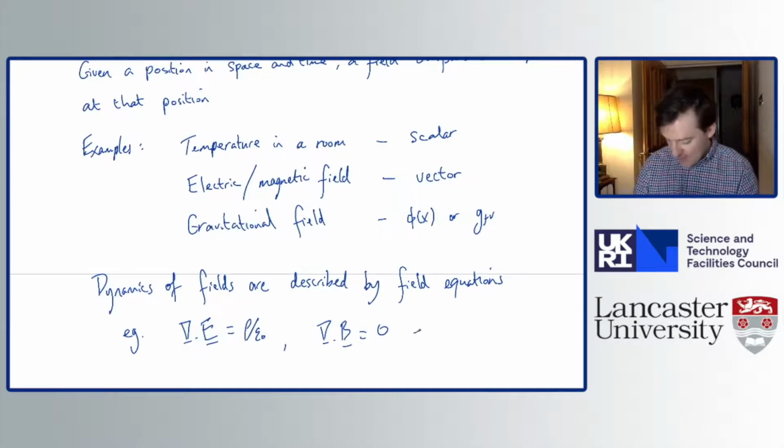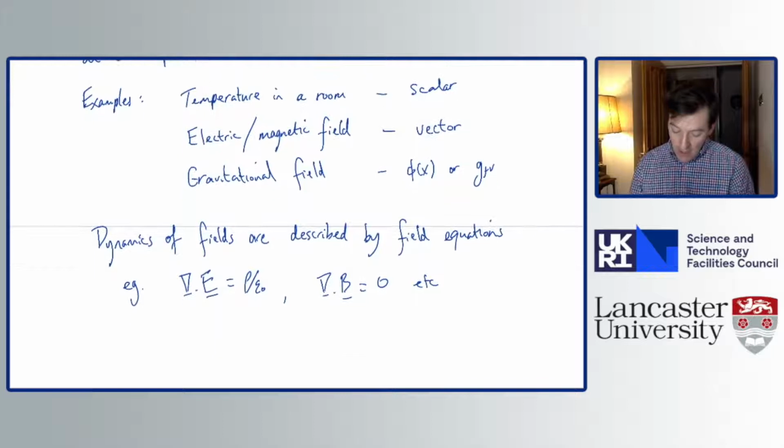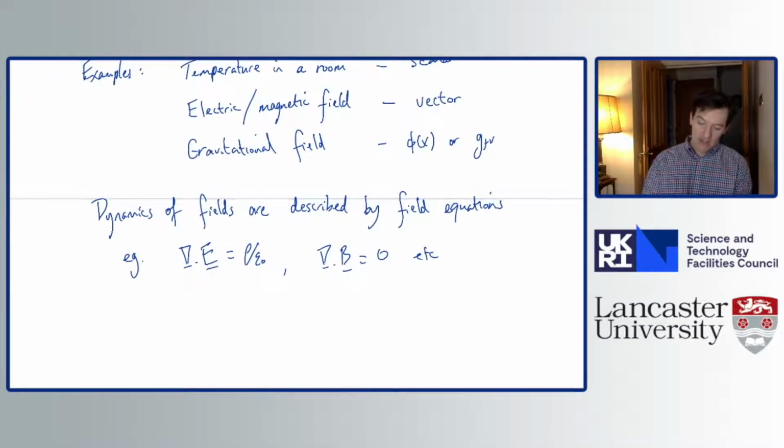We don't need to rewrite all of Maxwell's equations, but those are just some examples of field equations that you have met before. As an undergraduate, you will have gone through some arguments as to where Maxwell's equations come from, building them up from underlying principles, Coulomb's law, and so on.